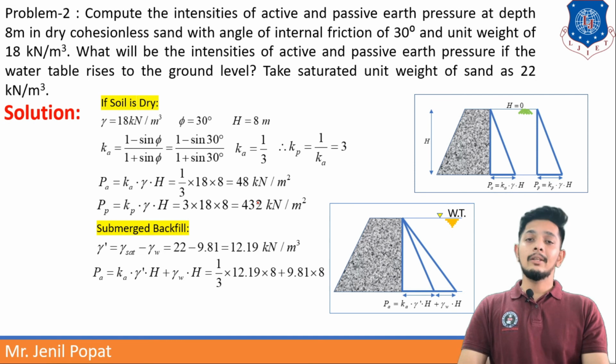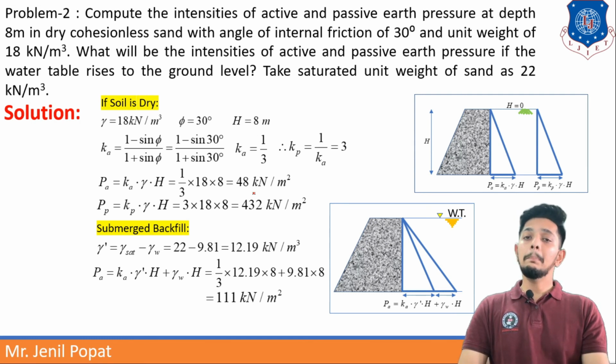Here I will calculate Pa as Ka gamma dash H plus gamma w into H, where in the passive I will take Kp. K is 1 by 3, gamma dash is 12.19, H is given as 8, putting gamma w as 9.81 and H as 8. I am getting Pa as 111 kilonewton per meter square.